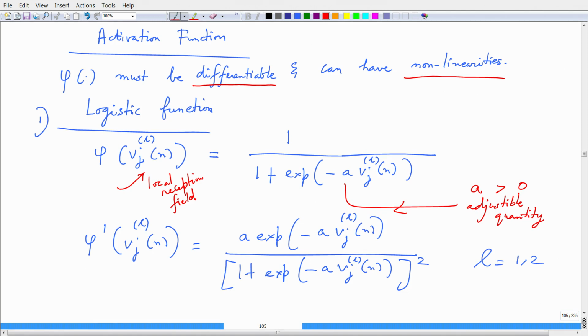That is the quantity or variable at neuron j in the Lth layer and time instant n. This is given by 1 upon 1 plus exponential of minus a times Vj(n). This is the function, and a is an adjustable quantity, and typically we assume a to be greater than 0.